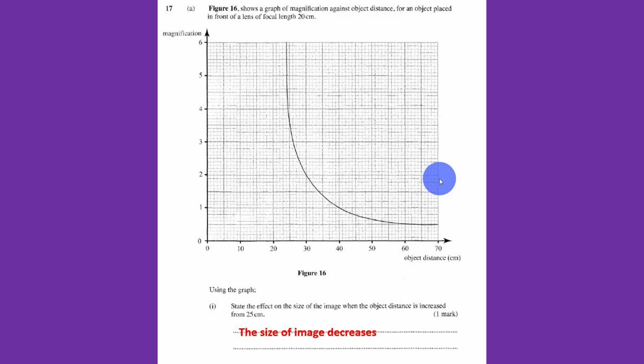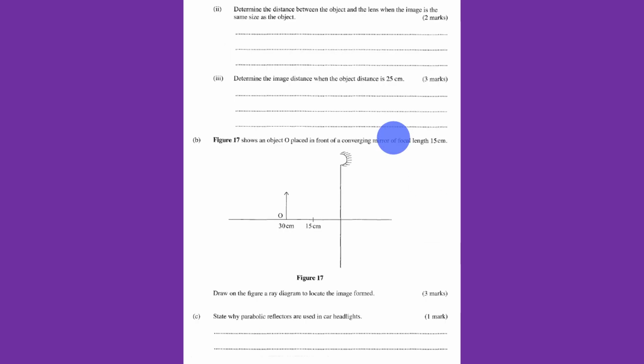If magnification is 2, for example, that means that the image is twice the size of the object. But here you can see magnification is reducing, and that means that the size of the image is decreasing. Let's look at part 2.